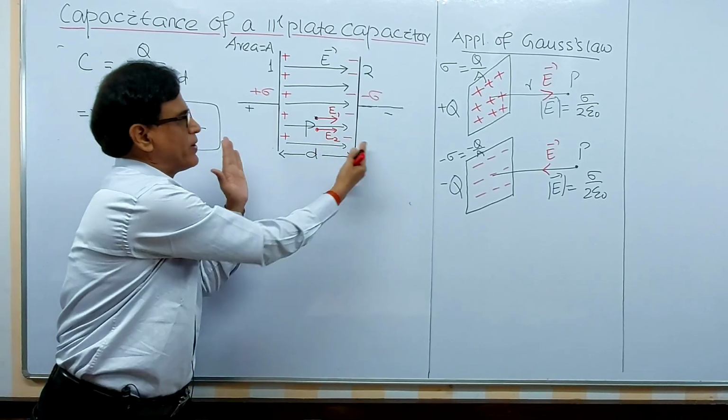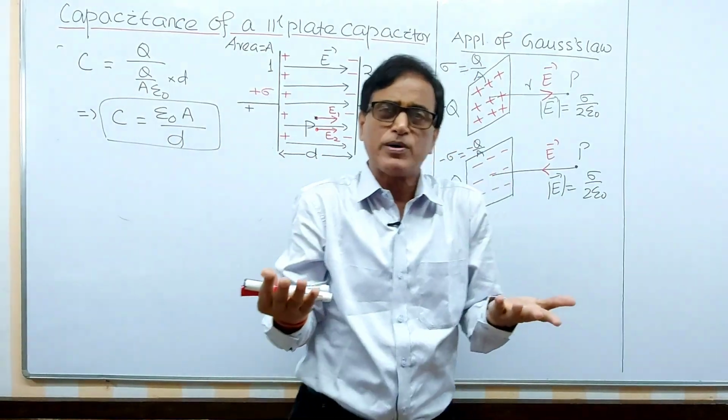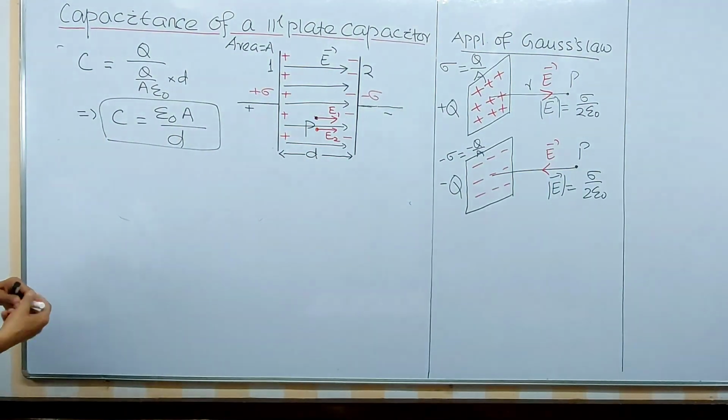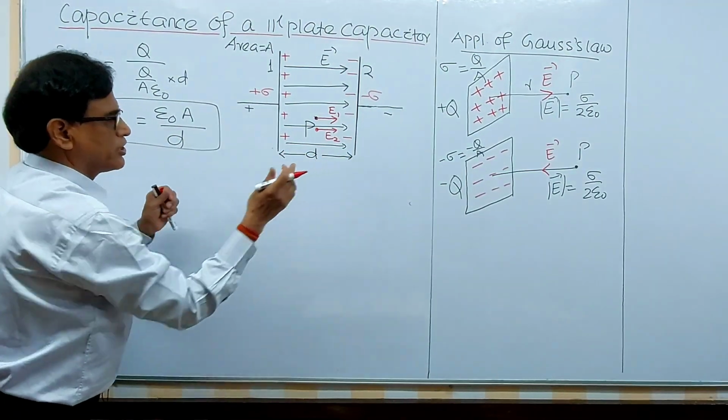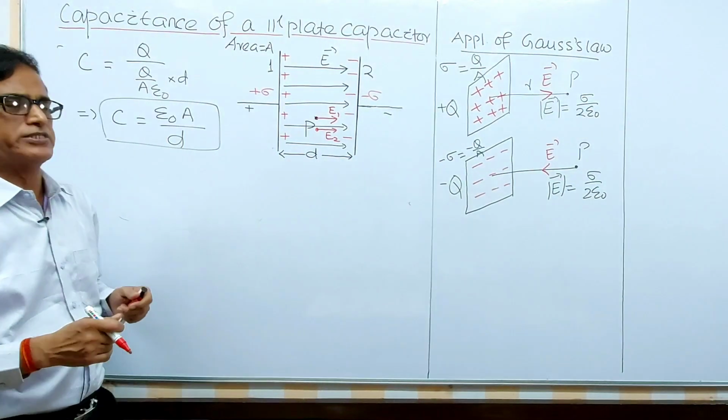If you change the separation between the plates, then capacitance also can be changed. That means if you increase the separation or decrease the separation, capacitance also can be changed.